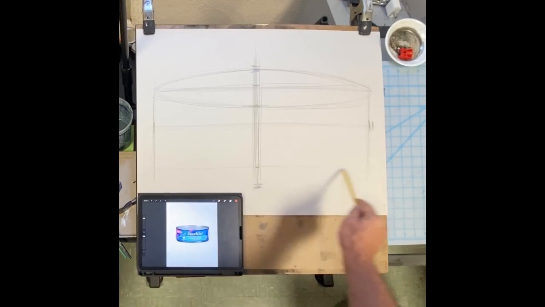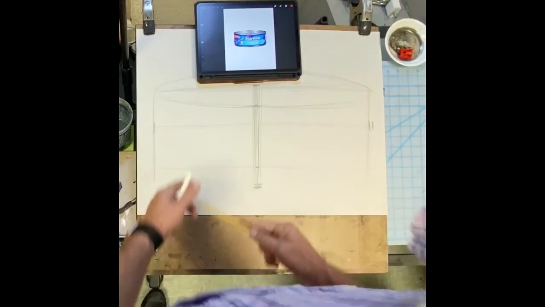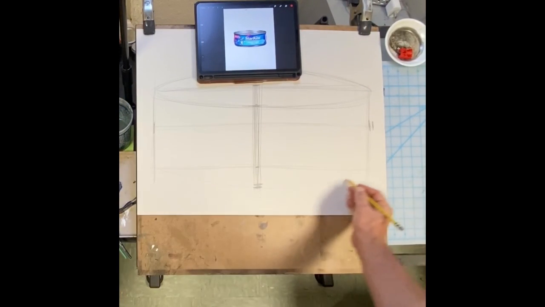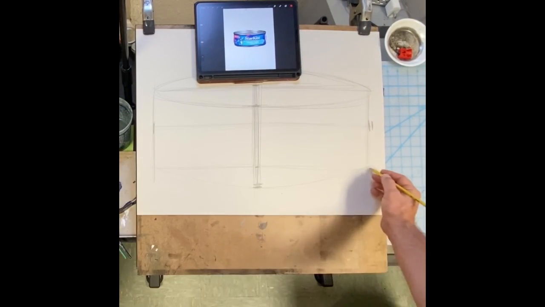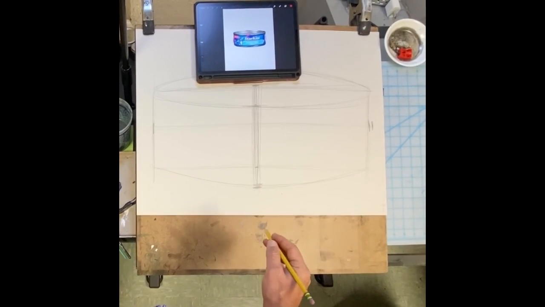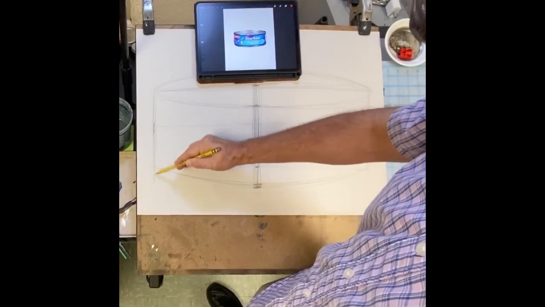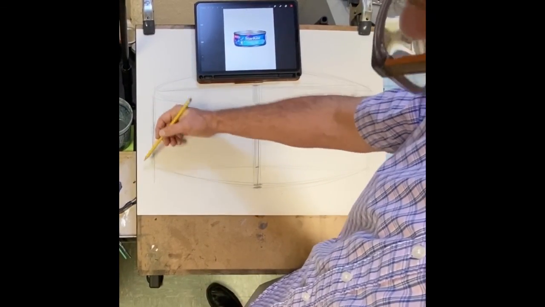I draw a line across, and then again it's just a matter of recreating that elliptical form and then coming in.